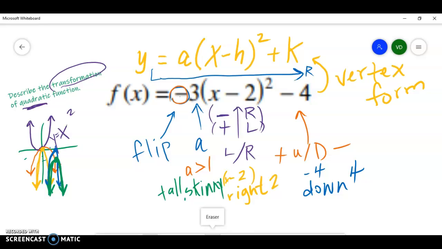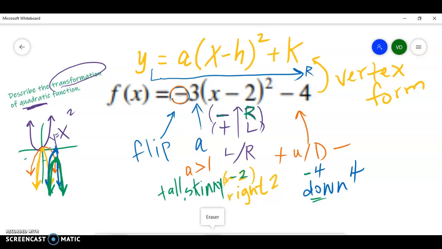For the parentheses, we've got to think opposite: negative made it go to the right 2 times. And then this plus k, in our case it's a -4, minus made it go down 4 times. And so when I'm finished, my vertex should be here in this spot.